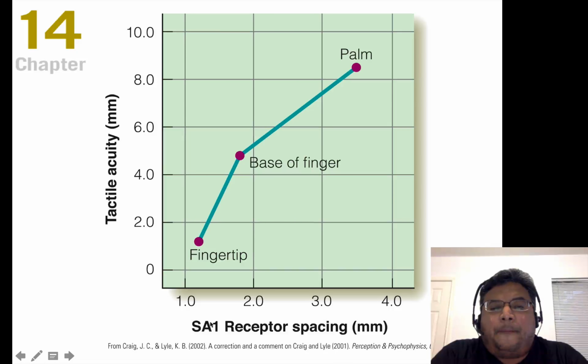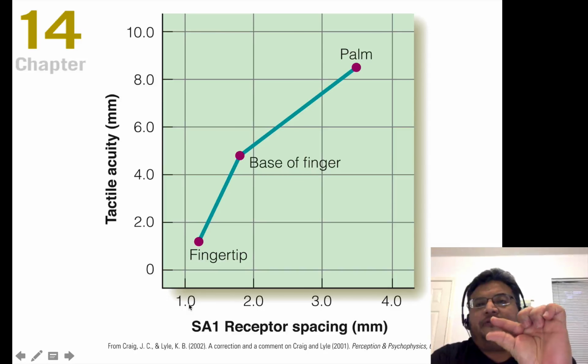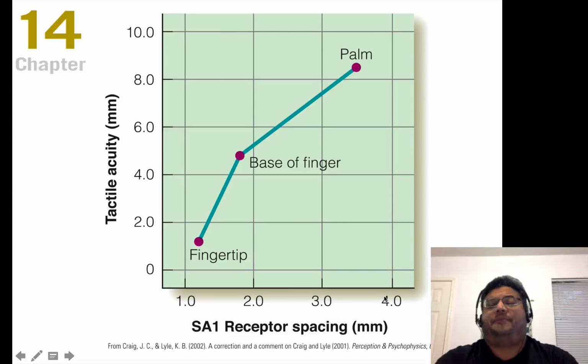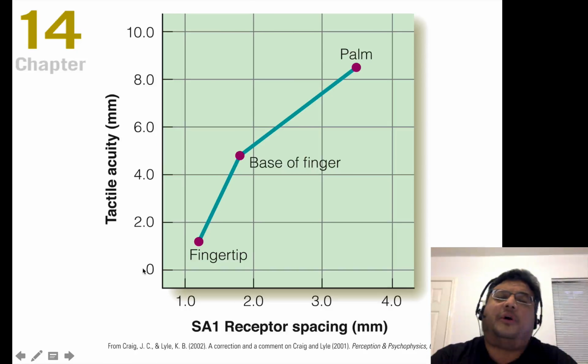Here on the x-axis we have millimeters, the average spacing between receptors. So a low value means the receptors are very packed in tightly, and a high value means the receptors are further apart. And then on the y-axis we have tactile acuity in millimeters. So the lower the number here, the more sensitive you are to touch.